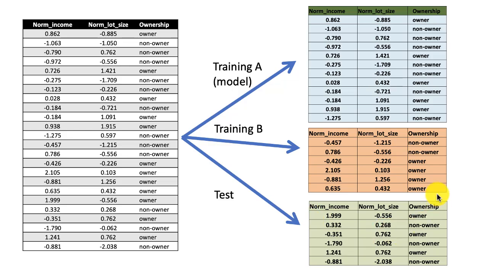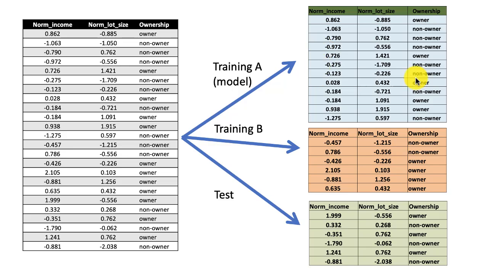Okay, so in order to train the model, essentially what we'll do is we will generate predictions for all the cases in this partition. Okay, in the training B partition, we will generate predictions. We will look at how it performs on this partition, and then we'll go ahead and evaluate it on the test partition.